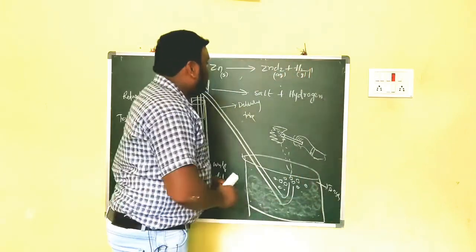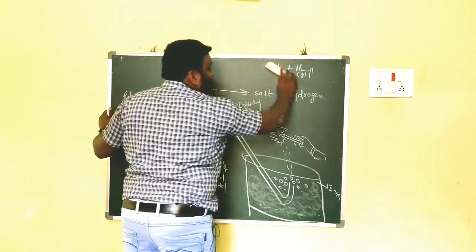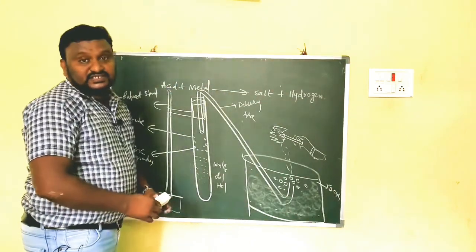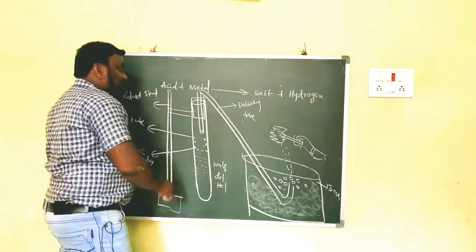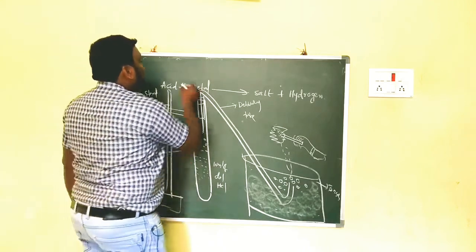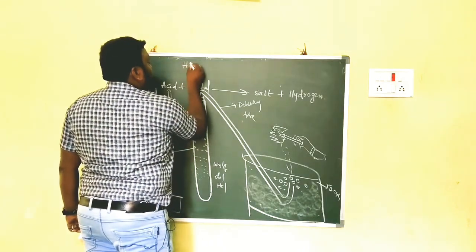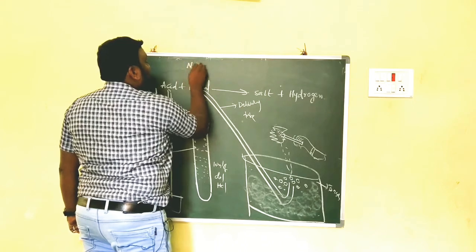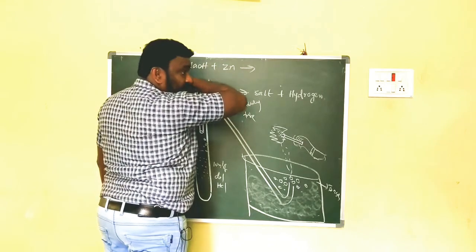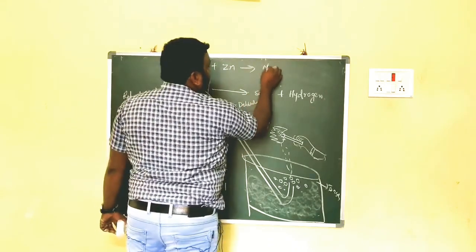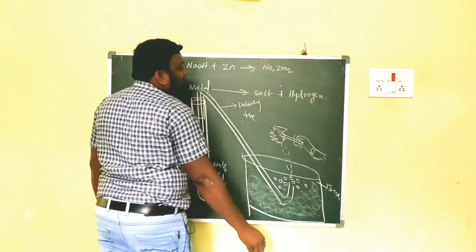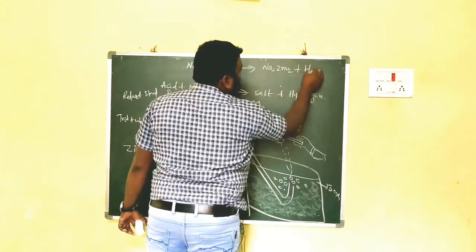Now, if we perform the same activity with a base, with the same metal zinc, the reaction is like this: NaOH plus Zn gives Na2ZnO2, sodium zincate, plus H2.